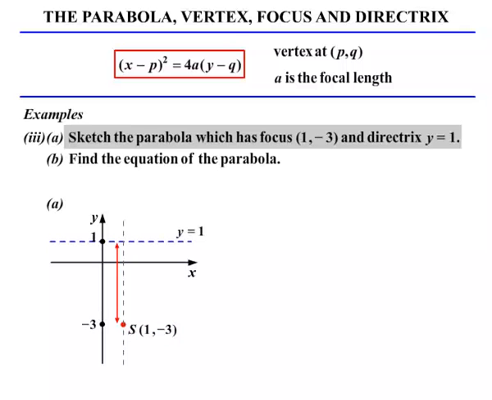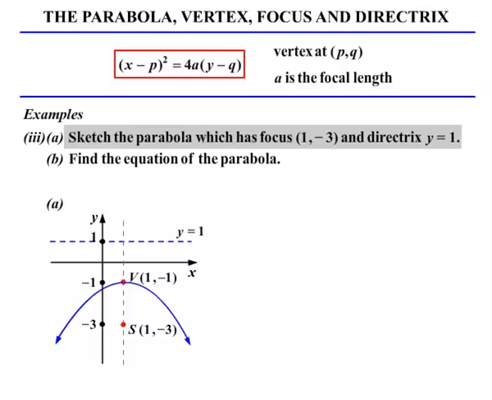So we can see clearly then that the distance between the focus and the directrix line is 4 units. So the vertex is exactly halfway between the focus and the directrix. So the vertex there will be up 2, which would mean it would have coordinates, think about it, 1, minus 3, we're going up 2, it would be 1, minus 1.